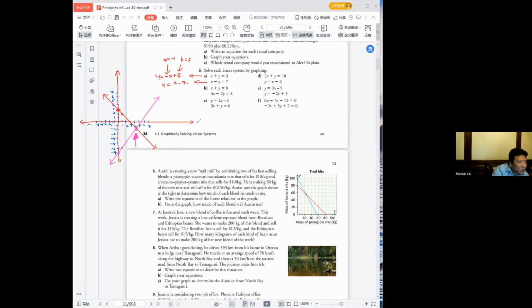Okay, so that point of intersection, I believe right now looks kind of like, what is the actual solution? Let's see. I'm just going to cheat a little bit here. So y is at -2, x is 5, so it's (5, -2).